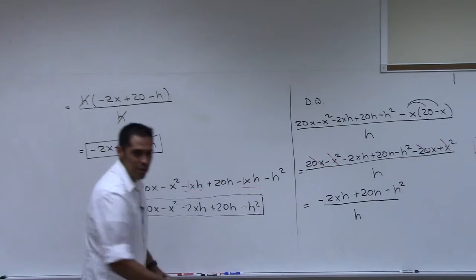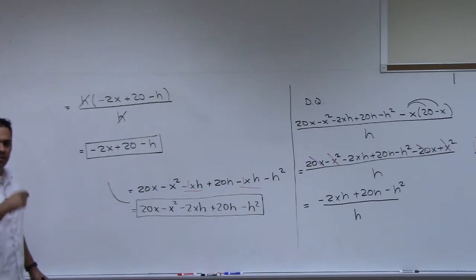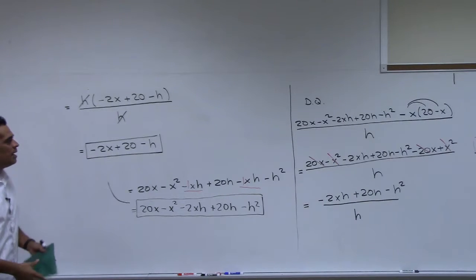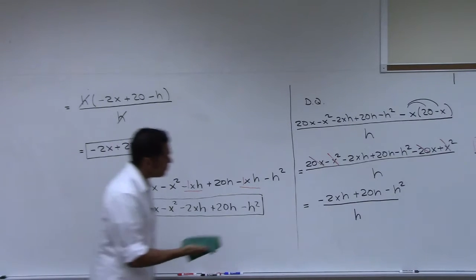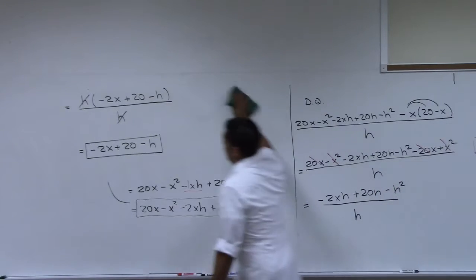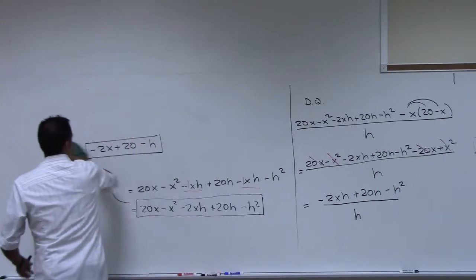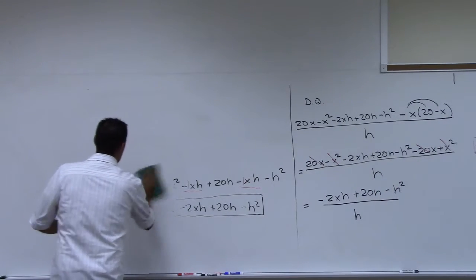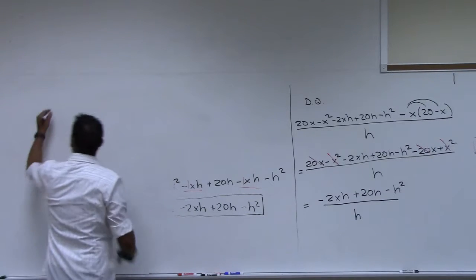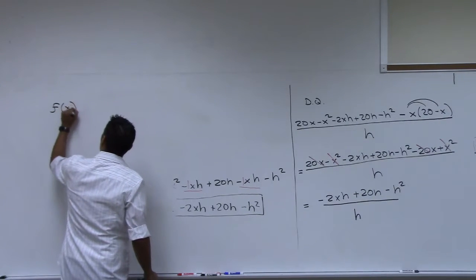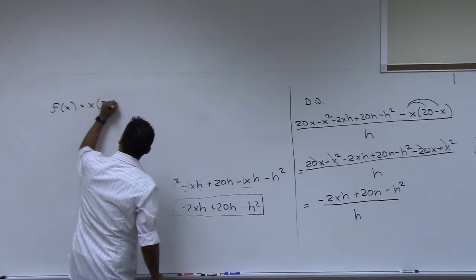All right, any questions? Y'all understand this? This one was a little different than what we did in class, for sure, right? Now, I will also point out that the original function was f of x equals x times 20 minus x.